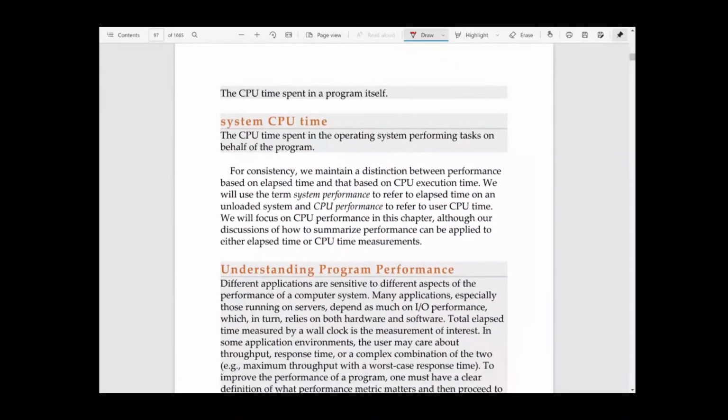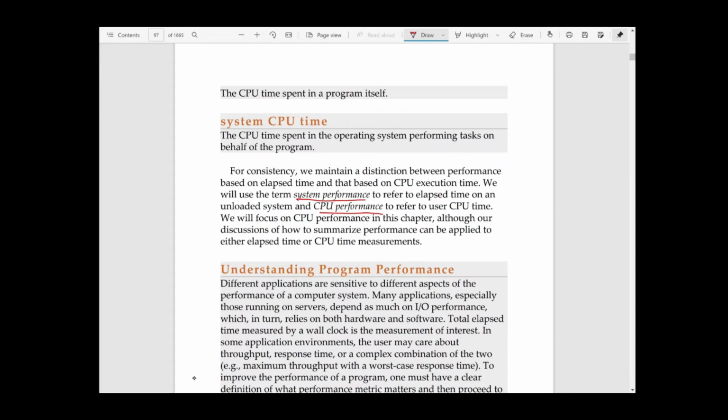Okay, so from now onwards we'll use two terms: system performance and CPU performance. System performance means whenever we talk about the performance of the entire computer. In that case we'll use the execution time, because as a normal user, if I have two laptops placed in front of me and I ask which one is giving more performance, we will go for system performance.